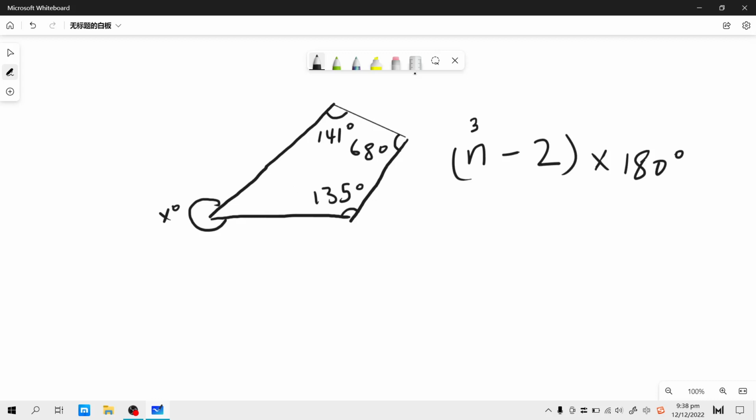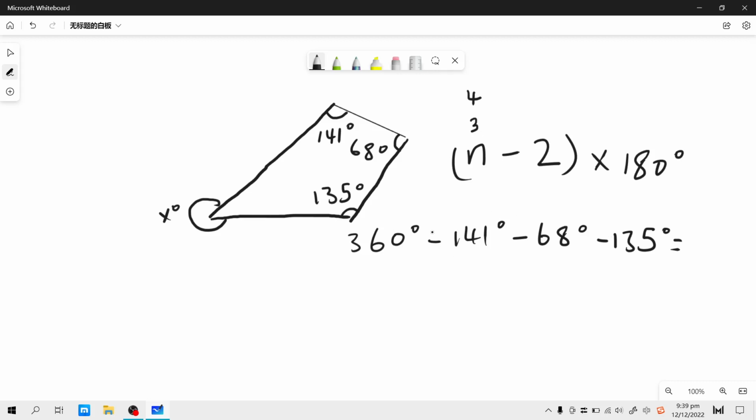So for this four-sided shape, the number of sides is 4 minus 2 equals 2. 2 times 180 degrees equals 360 degrees. So the total of the angles of this four-sided shape is 360 degrees. So it's easy once you know. So let's start. It's just 360 minus 141 minus 68 minus 135, which equals this angle.